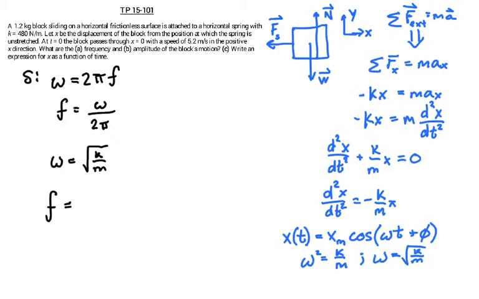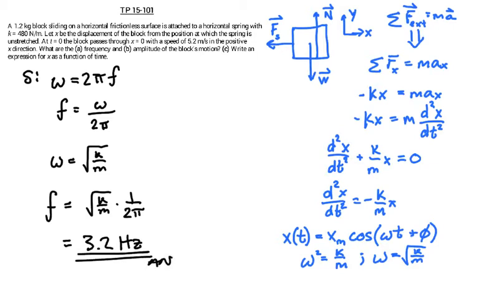So we would have the square root of k over m times 1 over 2 pi. Now I can do my calculation. My value comes out to 3.2 hertz. And that's two significant figures because that's what we're given here, here, and here.